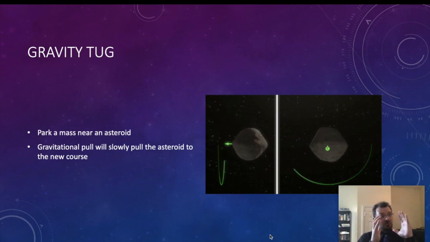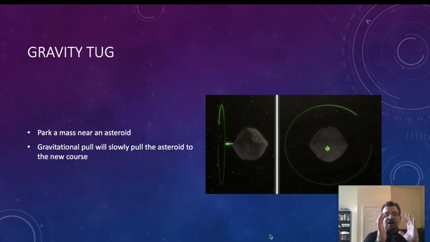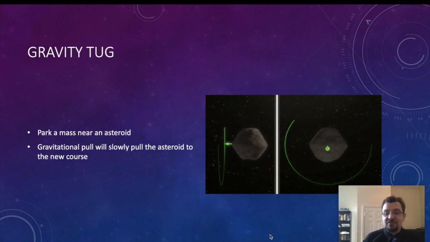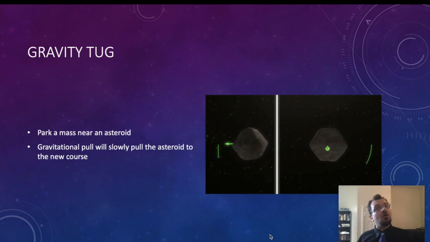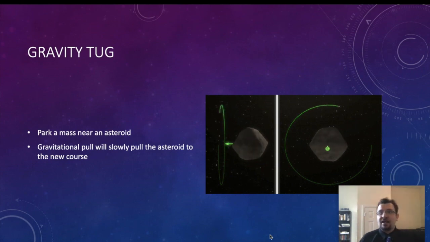Well, you can just move the satellite with its thrusters and tug the asteroid gently out of the way, and this gives you a very efficient way of adjusting its orbit. Only problem is it's slow, but as long as you have early detection, that doesn't matter, and you can tug it out of the way over the course of a couple years.